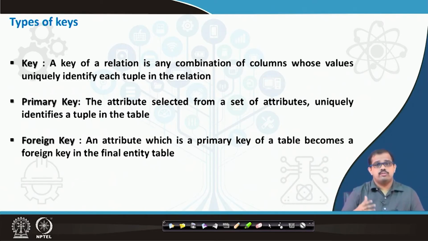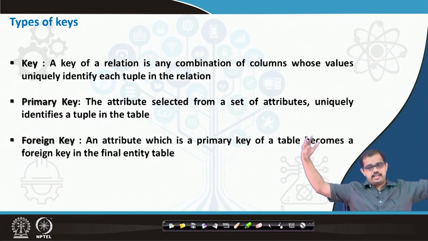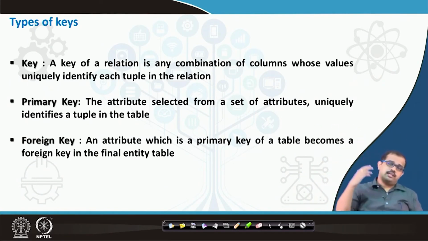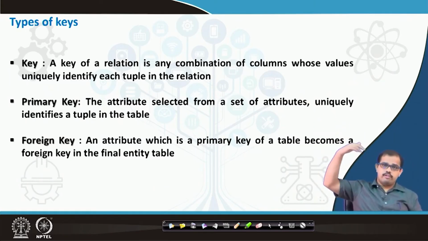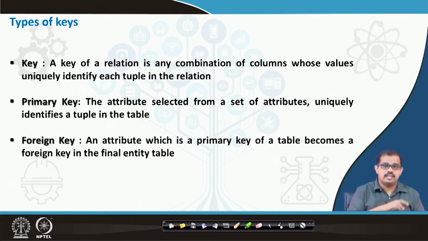A foreign key is the primary key of a table that becomes a key in another entity table, which means when you are building the entire database, the primary key that you have denoted may connect two, three, or four more tables required for your database. Then it becomes a foreign key for the different tables in that database.